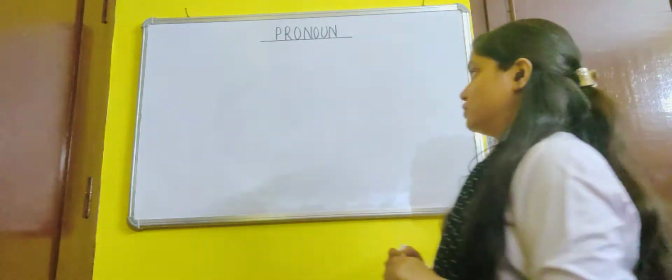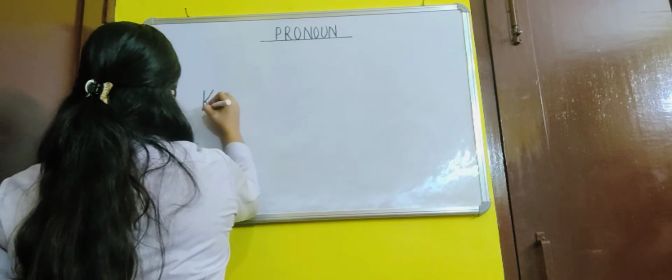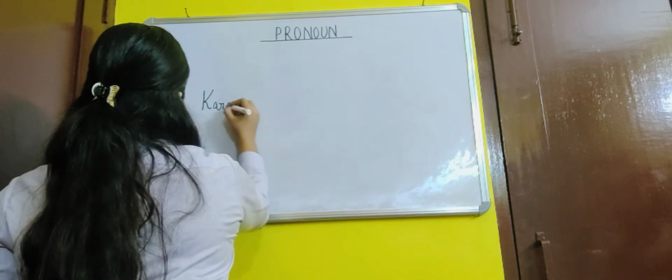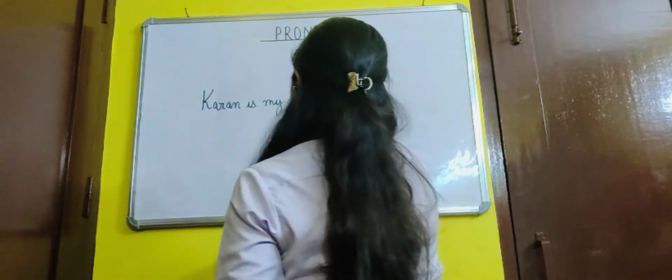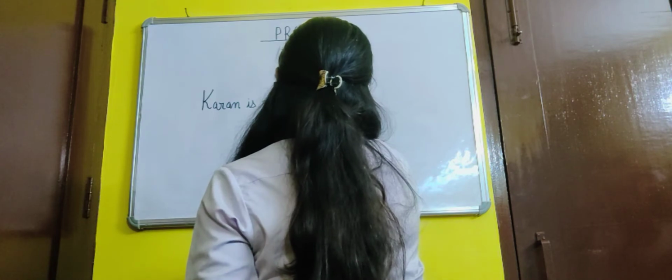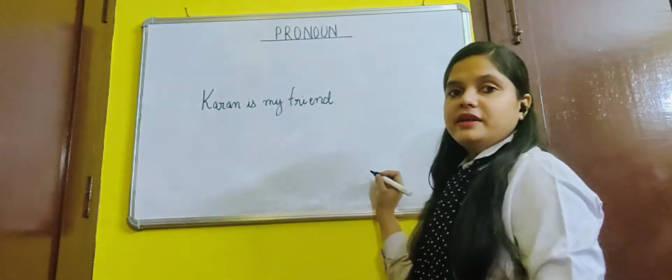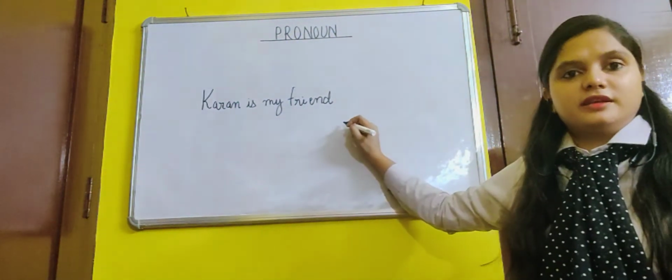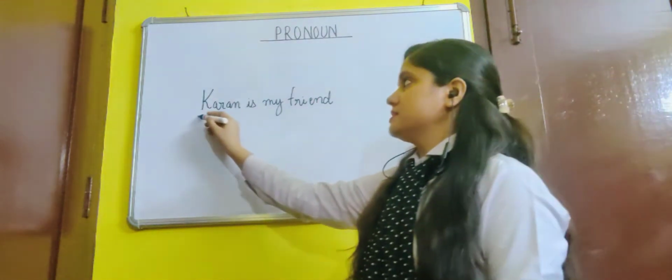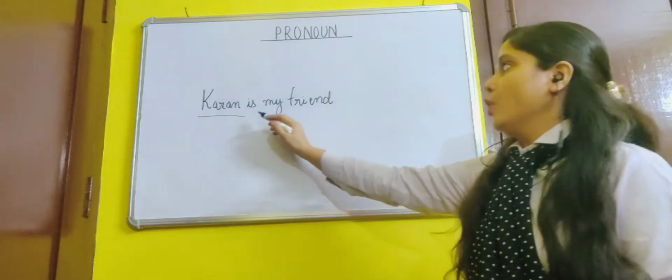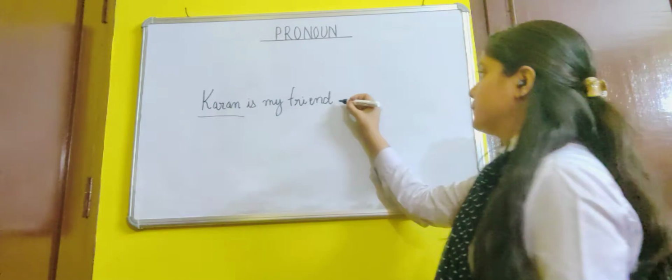Okay, now all of you just take attention and read this sentence. Karan is my friend. Okay, so there is a person, Karan, who is my friend.